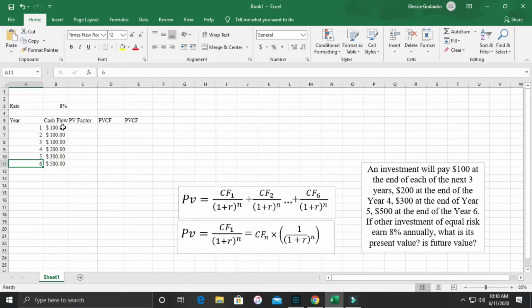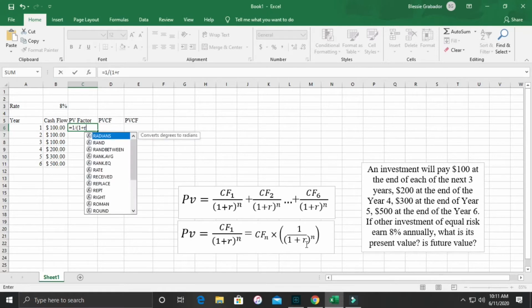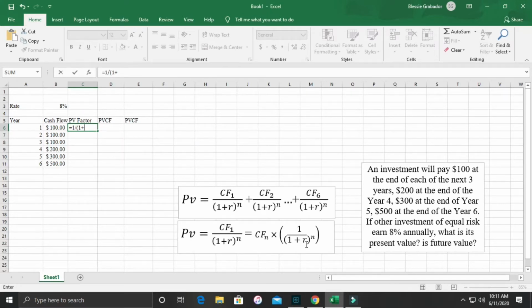To compute the PV factor, this is the PV factor. We have to compute this first. In computing with Excel, we have to put an equal sign as the sign for the formula. So we have 1 over 1 plus r. r is the rate, so this is the r, the 8%.